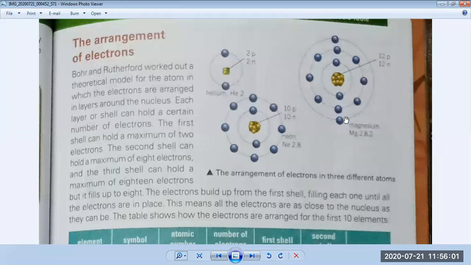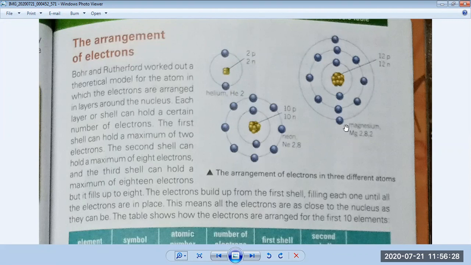And if we talk about the fourth shell, that is called the N shell, we will again repeat the formula. N shell is equal to 2n squared. So you will put 2, and as the value of n we will write 4 because we are talking about the fourth shell. 4 fours are 16, multiplied by 2, the answer should be 32.